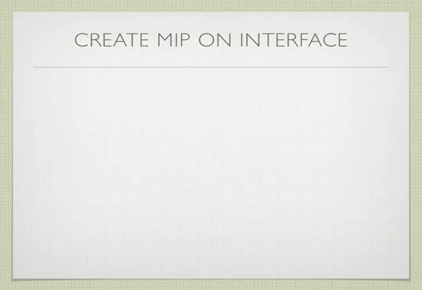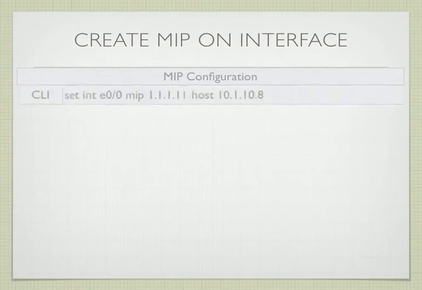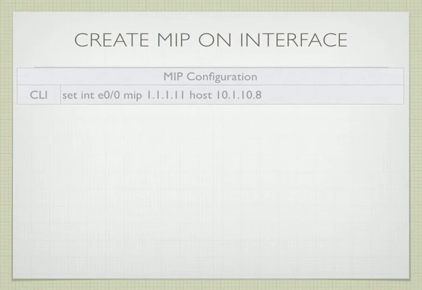So to create the MIP on the interface, we go to the interface property, set interface Ethernet 0/0 MIP 1.1.1.11 host 10.1.10.8. So we've assigned this public address to that internal address.